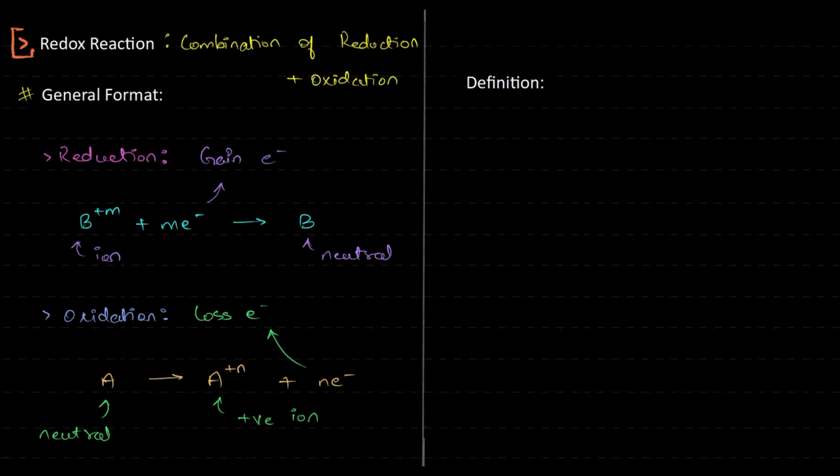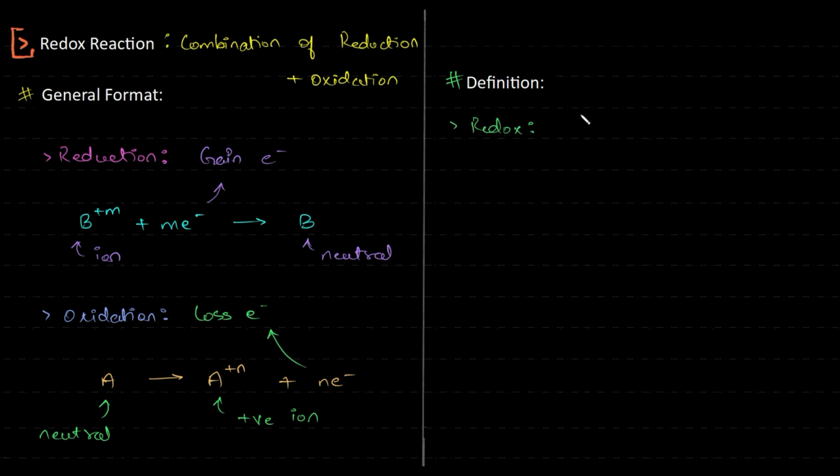So as a definition, you need to understand that oxidation and reduction happens simultaneously. So a reaction where one reactant gets oxidized while the other gets reduced, that is known as your redox reaction. So let me write all the three.